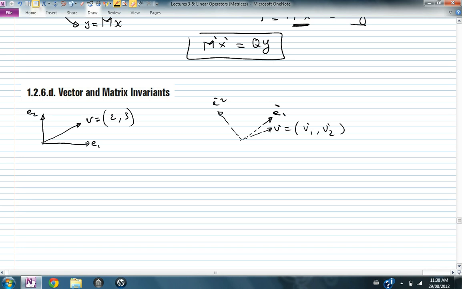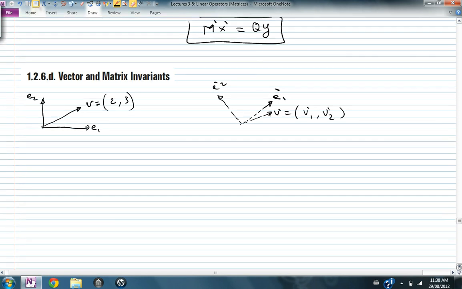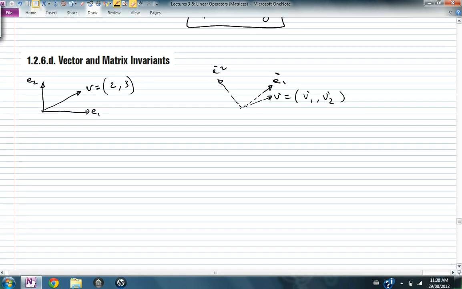We talked about that Q translates between the language of e-1, e-2 and the language of e1 and e2, but there are quantities that if you calculate them either in this language or in this language, they don't change, and these quantities are called invariants. And the first thing that does not change is the length or the norm of the vector.